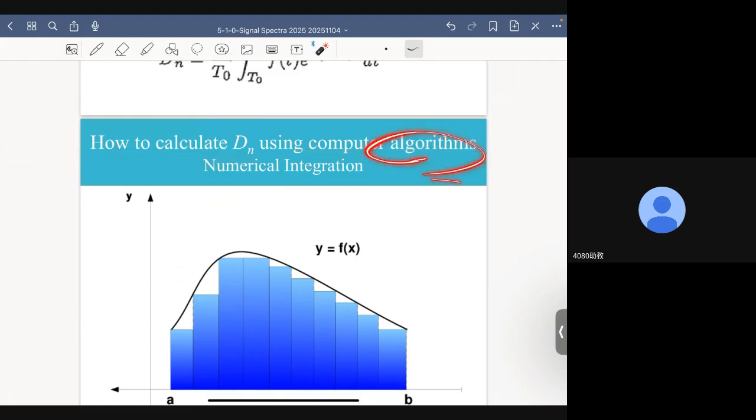Now, what is an algorithm? An algorithm is a procedure that we can implement using a computer to solve a given problem. So behind the algorithm, of course, is a methodology. We find a method to solve the problem.